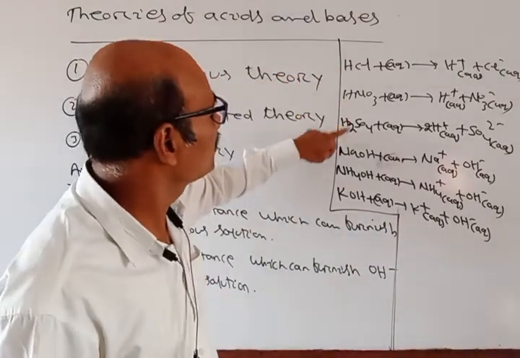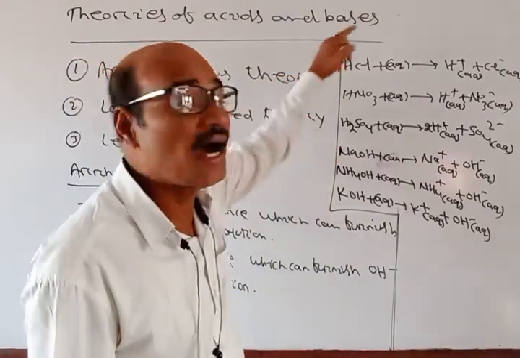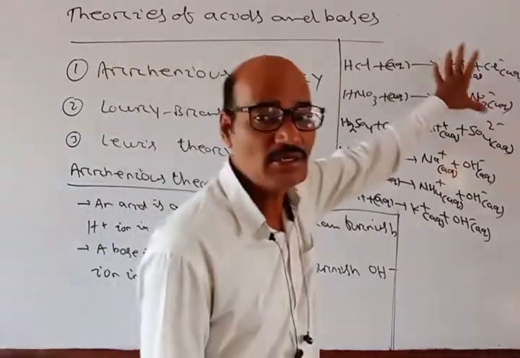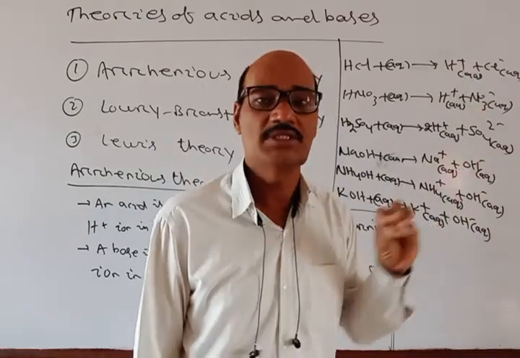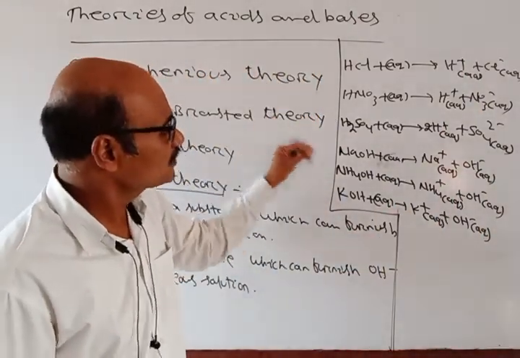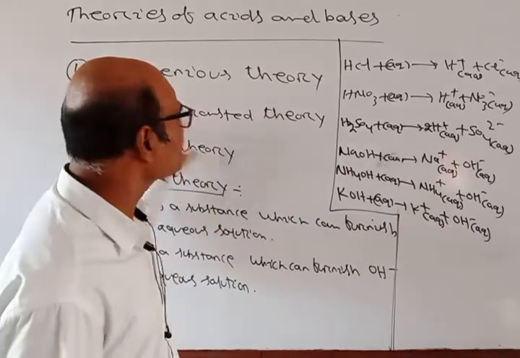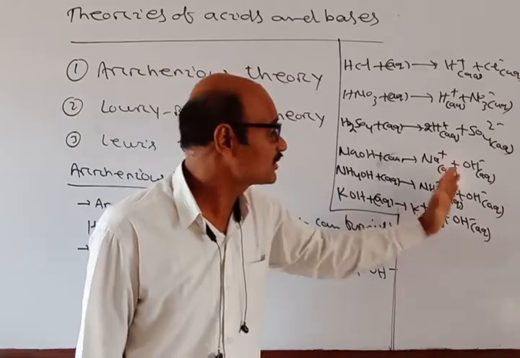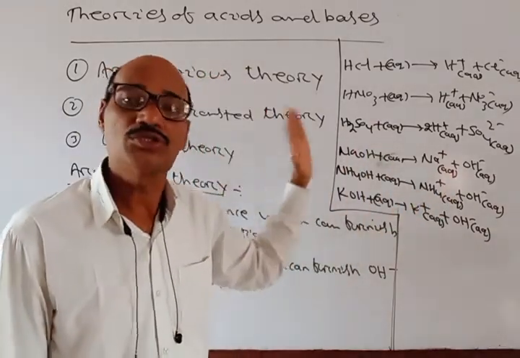HCl, HNO3, H2SO4 are Arrhenius acids because they give H plus ion in aqueous solution. Similarly, NaOH, NH4OH, KOH are Arrhenius bases because they give OH minus ion in aqueous solution.